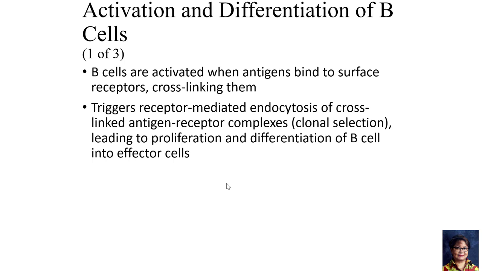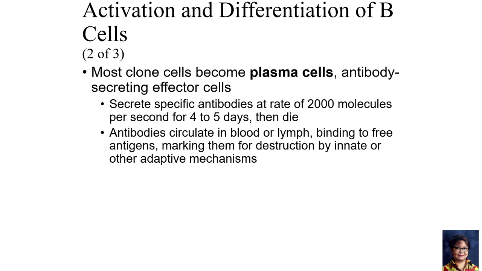But there's only one of me. So, what am I going to do? Well, I am going to reproduce myself. I'm going to clone myself so that there will be several hundreds of me that can produce the correct antibody, because we're talking about the B cells here. So these are what's called the plasma cells, the antibody secreting effector cells, and they are able to secrete antibodies at the rate of about 2,000 molecules per second for about 4 to 5 days, and this is going to consume all the energy, and therefore they die.